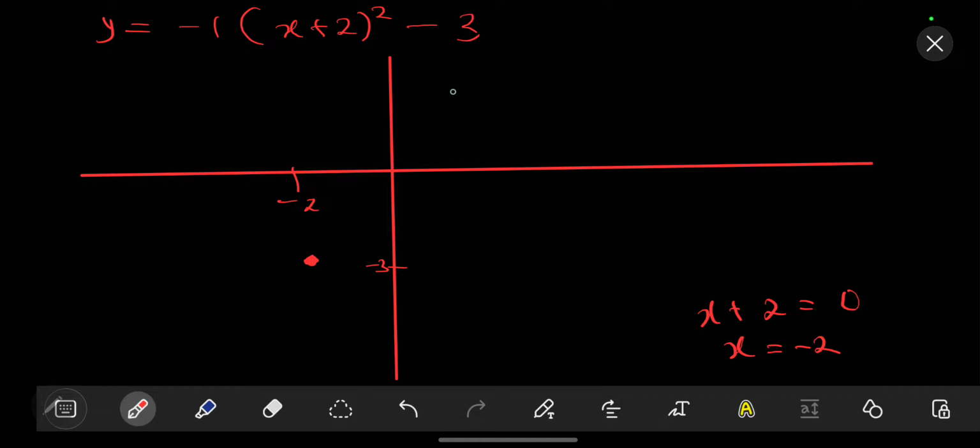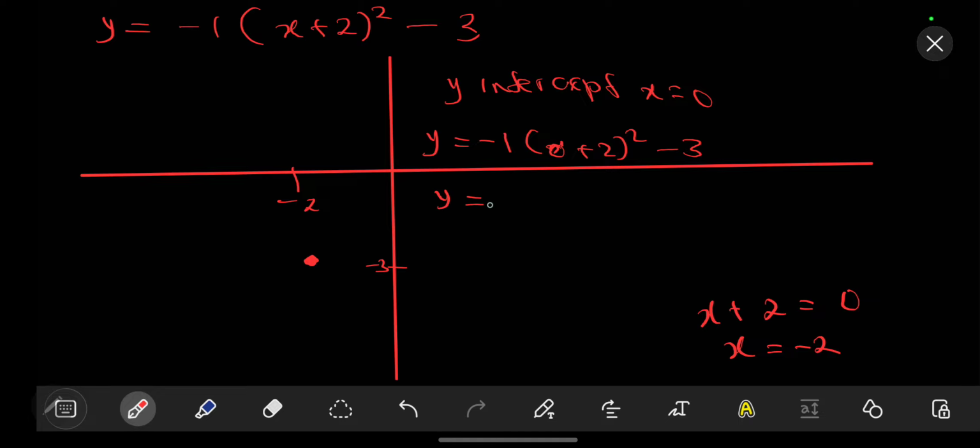Then what we are going to do is what we did at the y-intercept: x is equal to 0. So y should be equal to negative 1, open brackets, where there is x we put 0, then plus 2 squared minus 3.